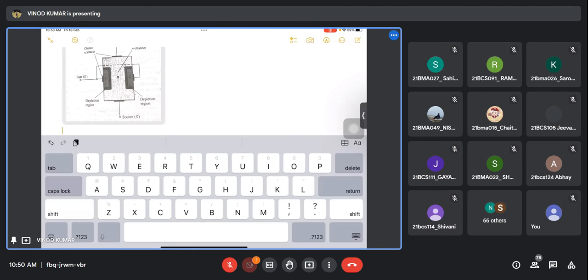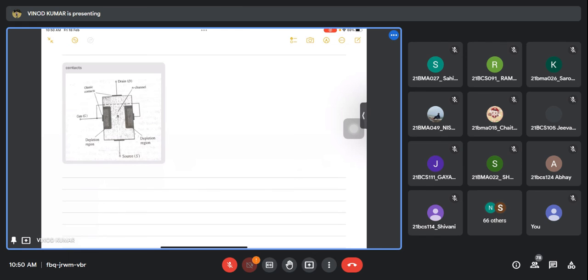This is junction field effect transistor. So FET is a three-terminal device with one terminal capable of controlling the current. So gate is to control the currents, right? And there we have drain and source also here.